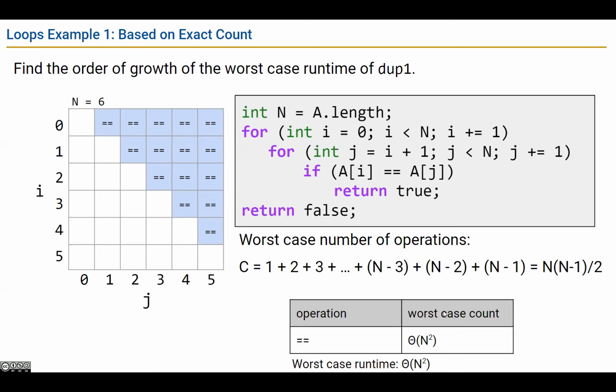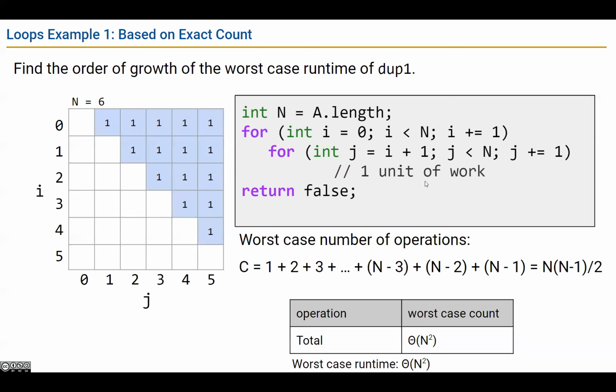Anyway, we tried computing exactly how much runtime this takes. The way we did this was we first simplified it. We removed this internal thing here with the number 1, because that's doing just some constant amount of work. Then we added up how many times we did this. For each of these i values, in each of these j values, some of these correspond to 1 unit of work.